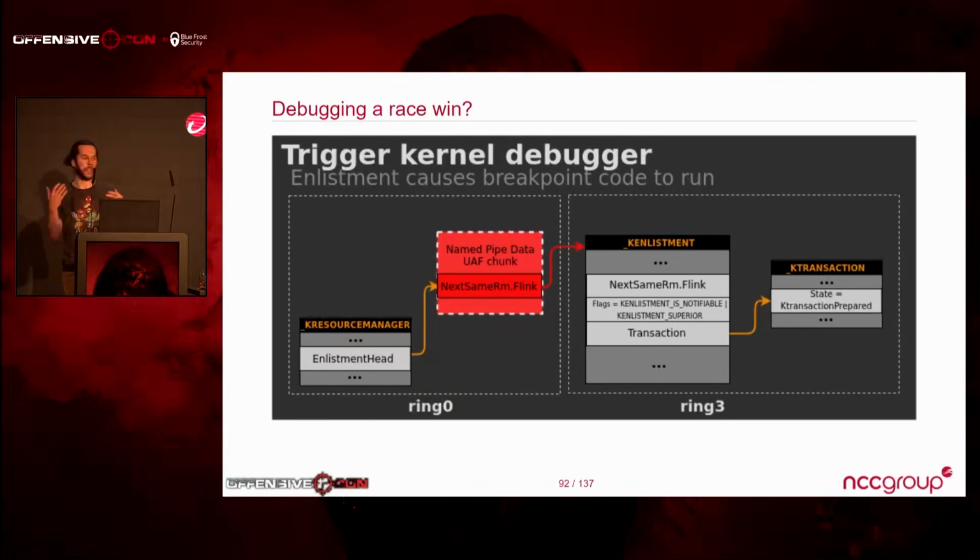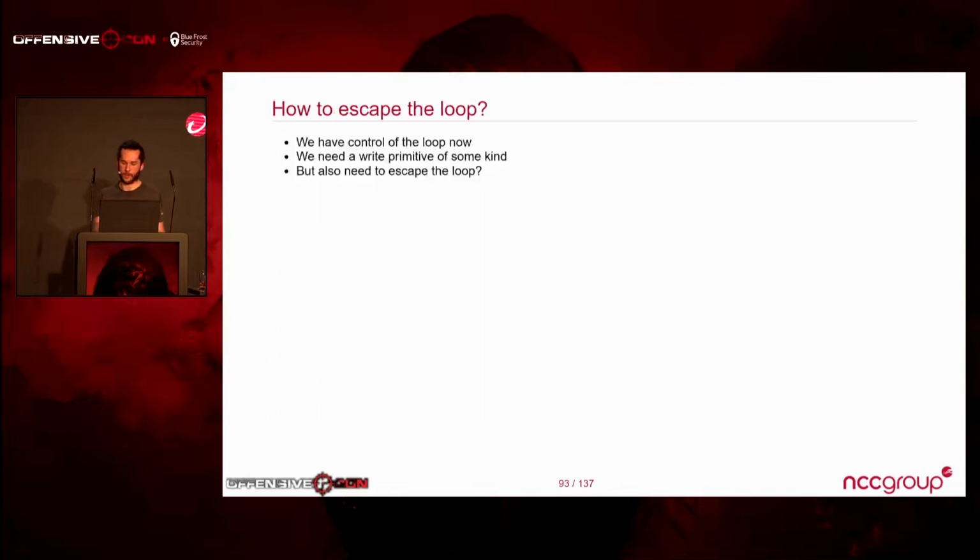So what we can do is set the superior flag on our enlistment, and set a breakpoint in the superior case, and it will only trigger for our fake enlistment. So it doesn't slow down any race or whatever, and it will trigger once we win the race. It's just a trick to debug, something to keep in mind when you're developing an exploit and repetitively triggering it.